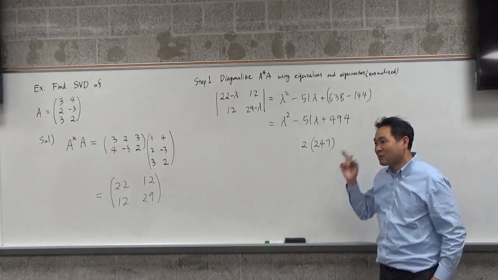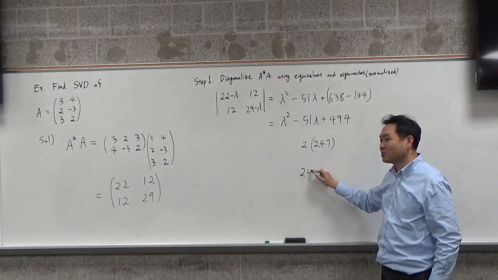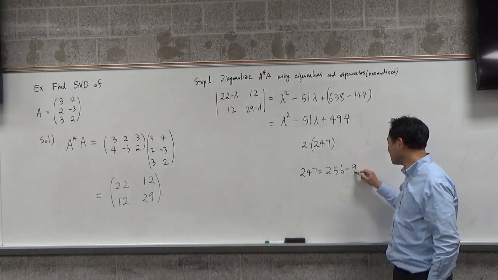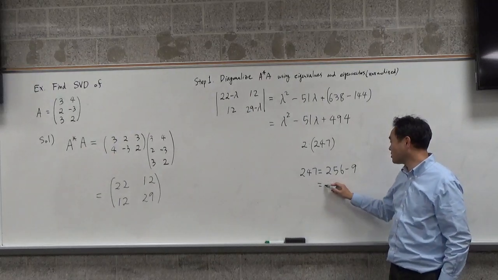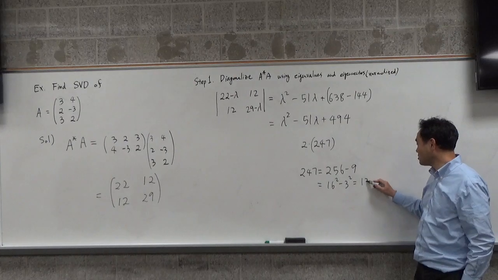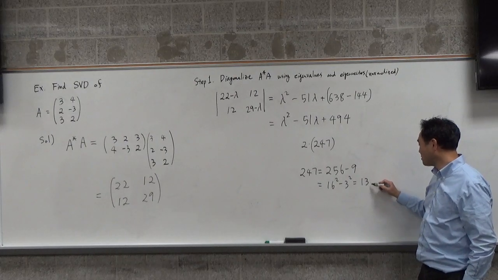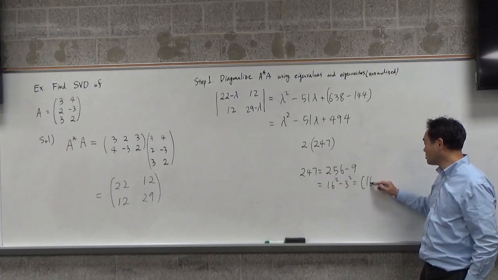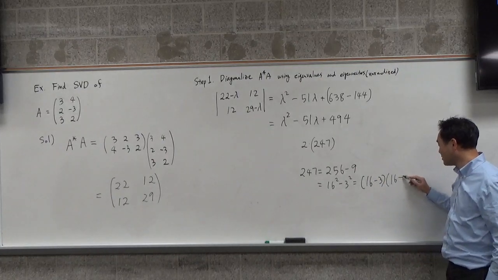So in my mind, this is what I did. 247 must be 256 minus 9, right? So that is 16 squared minus 3 squared. So that's 16 minus 3 times 16 plus 3, right?